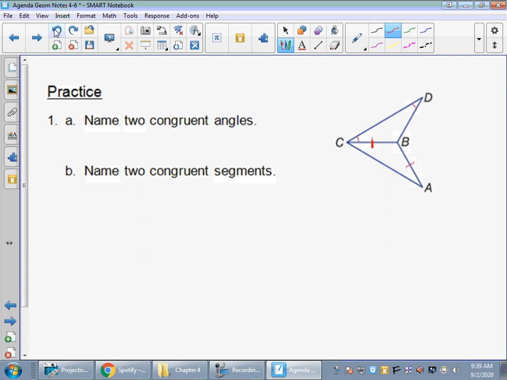Okay, so what are the angles opposite those? Well, that would be angle A, right here, would be opposite of this one, right? Okay, and also this side here is opposite from angle C. So angle C would have to be congruent to angle A.